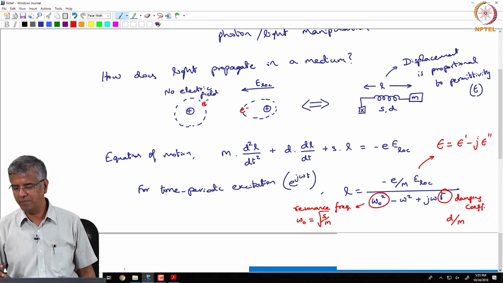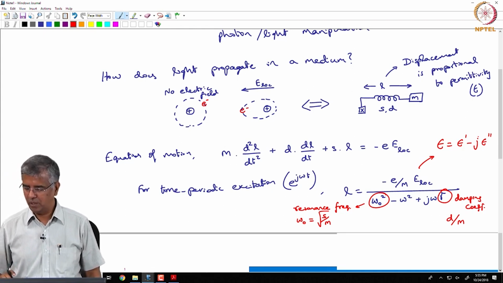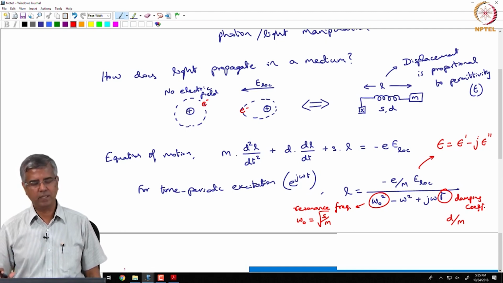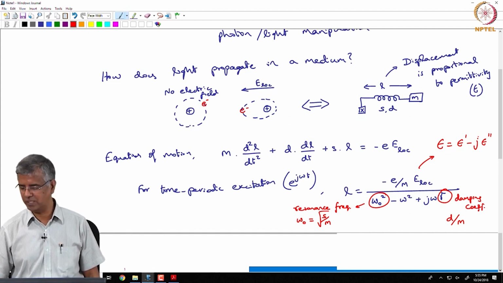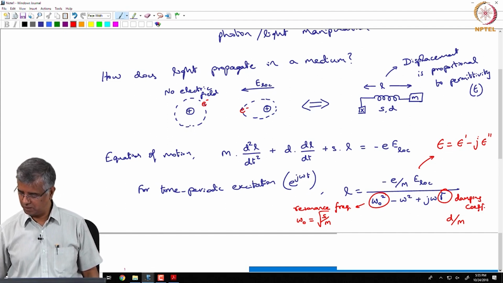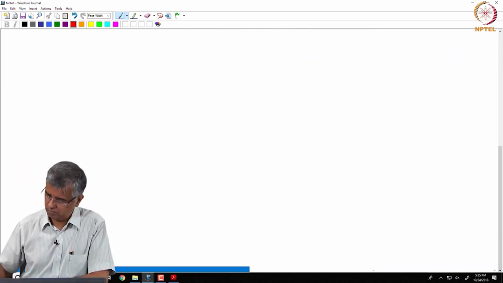So, the permittivity is typically a complex quantity. Now, if I plot the real part and the imaginary part as a function of frequency, let us see how that looks.